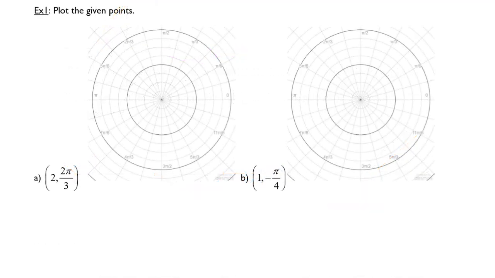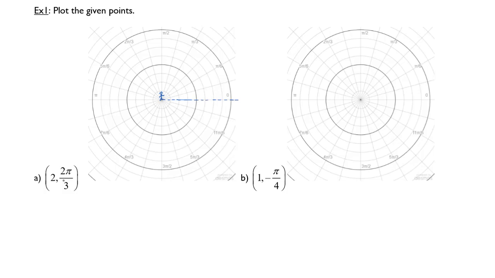Here are some examples of plotting polar coordinates. The first point we're asked to plot is (2, 2 pi over 3). So we'll start at the origin. We'll pretend we're standing there, and we will look out along the polar axis, which is 0 degrees and also 0 radians.